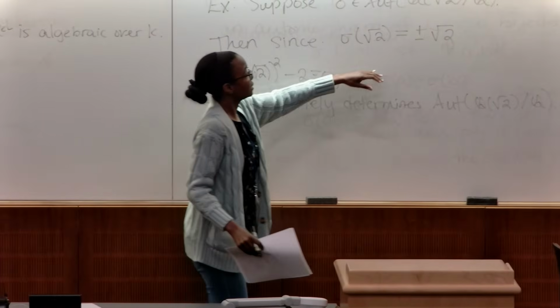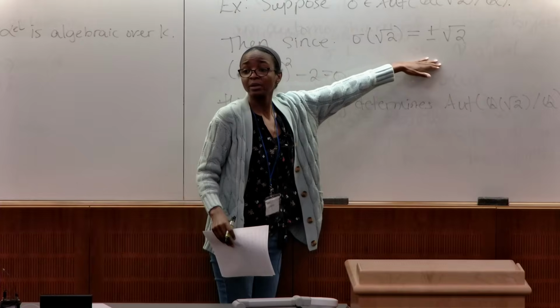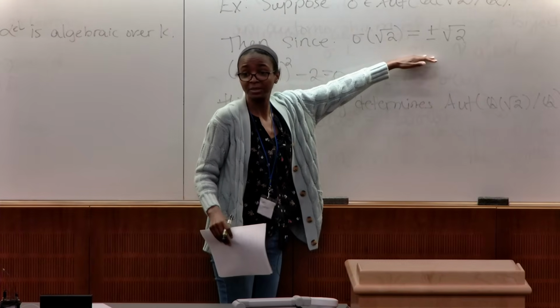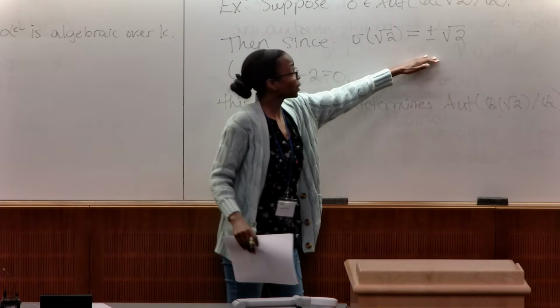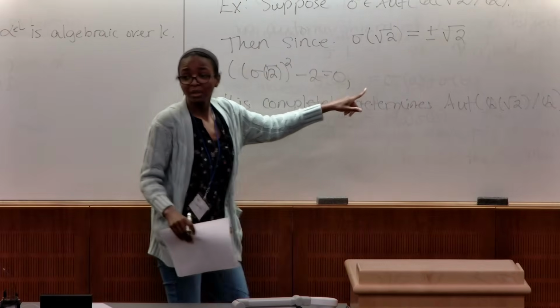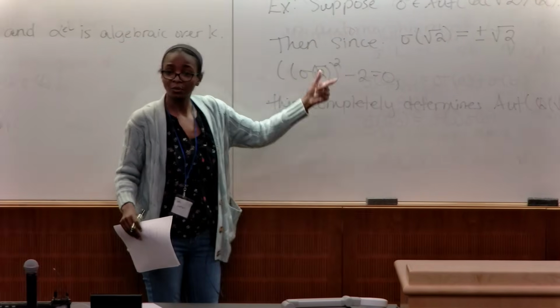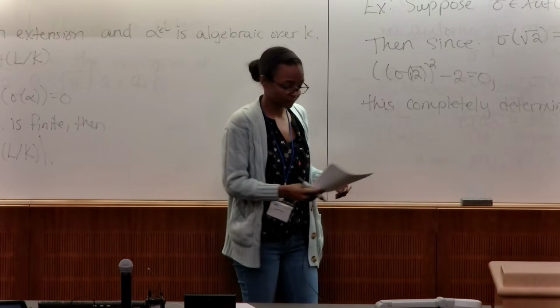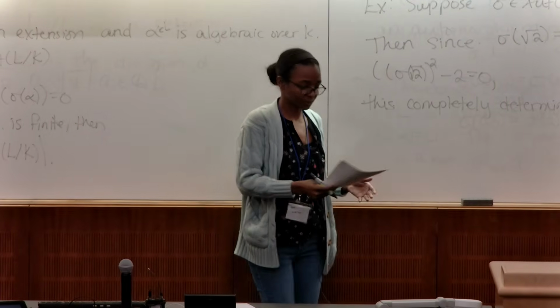Right, so what this is saying is either I did nothing to square root of 2, and my claim is in that case I have to be dealing with the identity function, or I flip the sign on square root of 2, in which case I have an automorphism that if I do it twice, I'm going to get back the identity. Okay, so that's a claim, but you should also prove that for yourself.